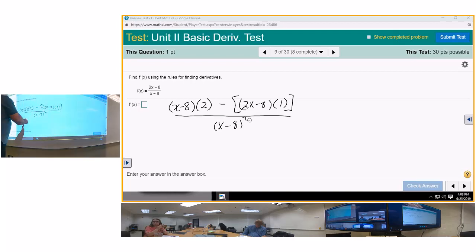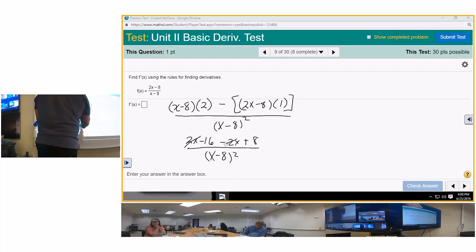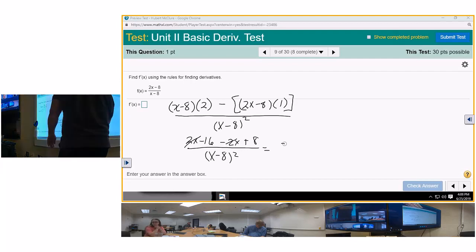And that's going to give you 2x minus 16 minus 2x plus what? 8 over x minus 8 quantity squared. And the 2x's cancel, and you're left with negative 8, y'all check me, over x minus 8 quantity squared.